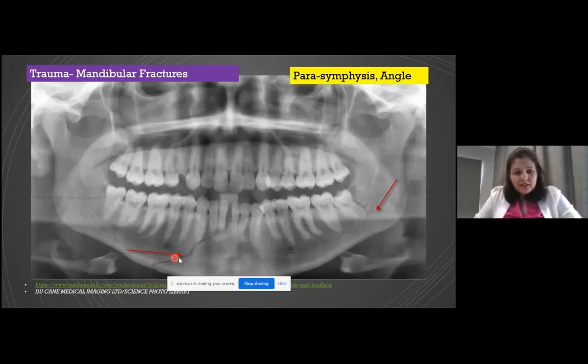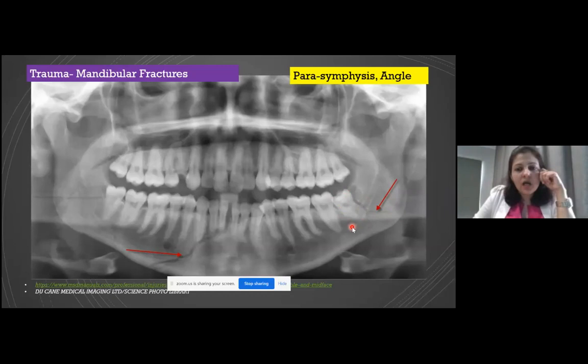Fracture lines are something you would have done in-depth reading on in oral surgery. So this is a parasymphysis fracture and an angle of the mandible fracture. When it comes to fractures, if there's a tooth involved, it becomes an unfavorable fracture, and obviously the prognosis of the tooth and the fracture management itself gets complicated.